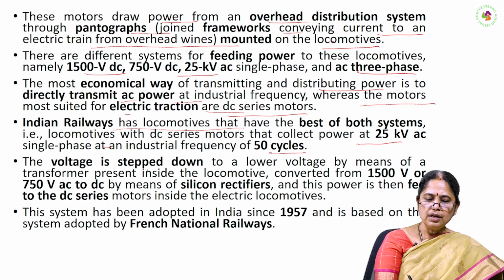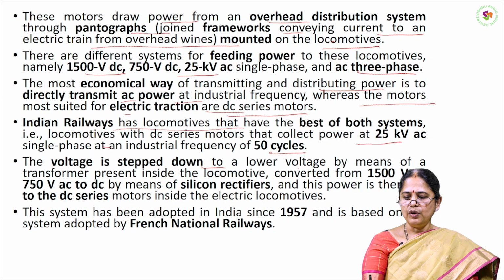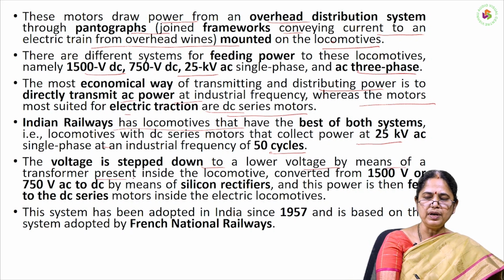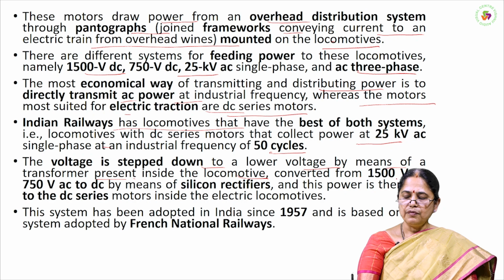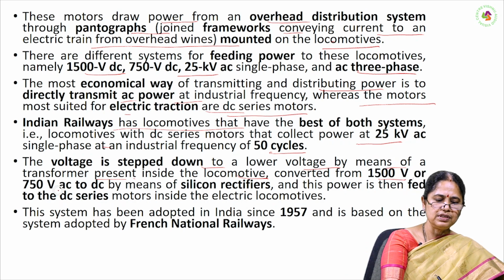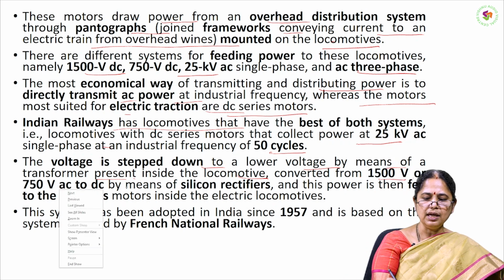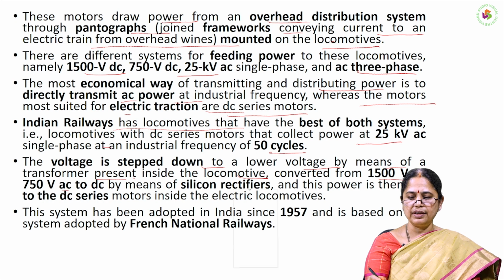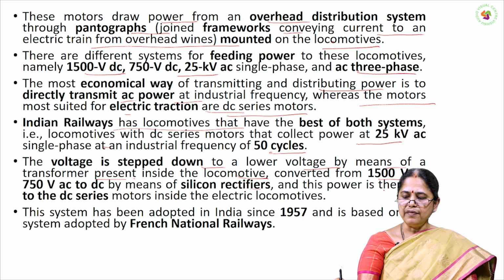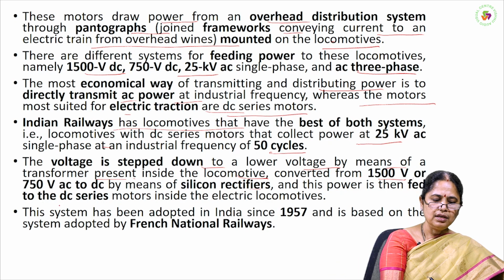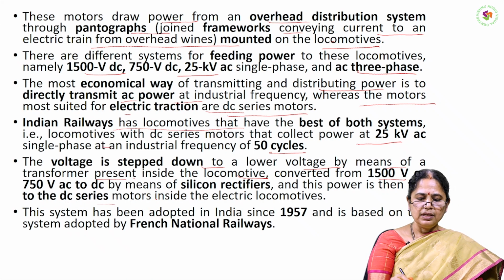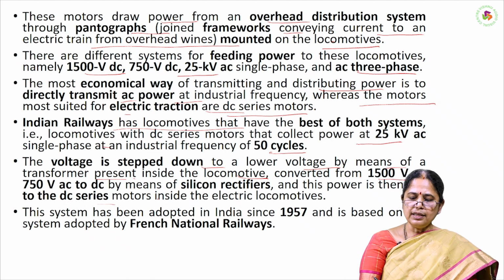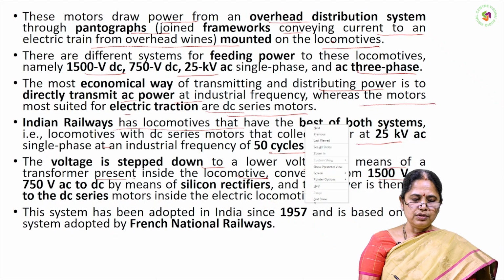The voltage is stepped down by the transformer present in the locomotive, and converted to 1500 volts and 750 volts DC by means of silicon rectifiers. This power is then fed to the DC series motors inside the electric locomotives.